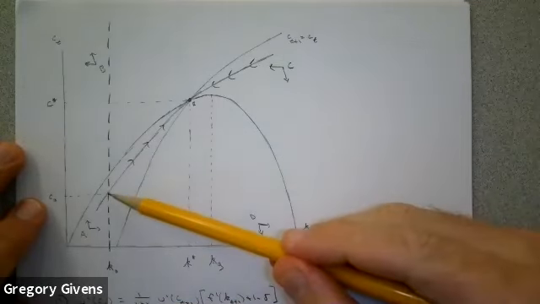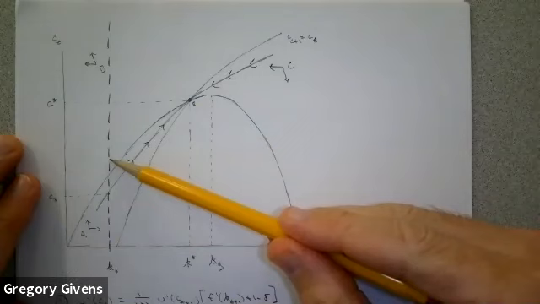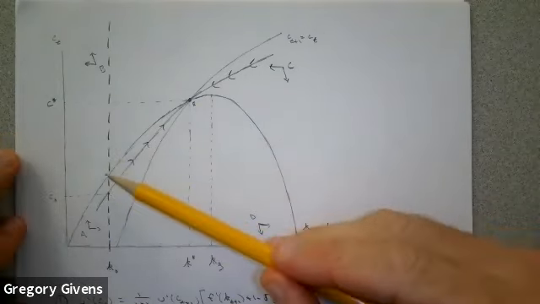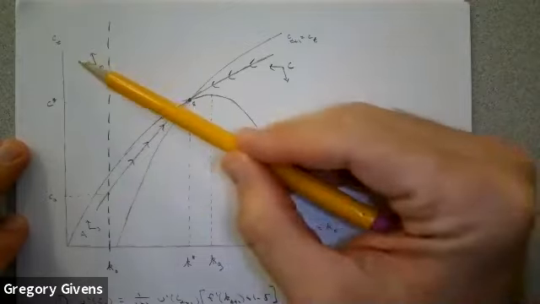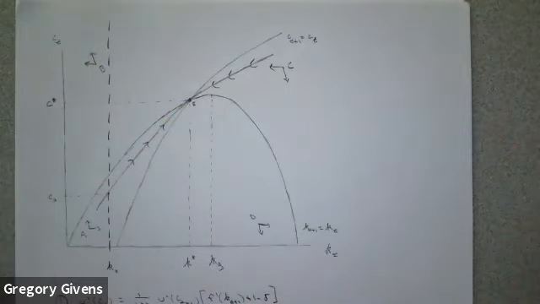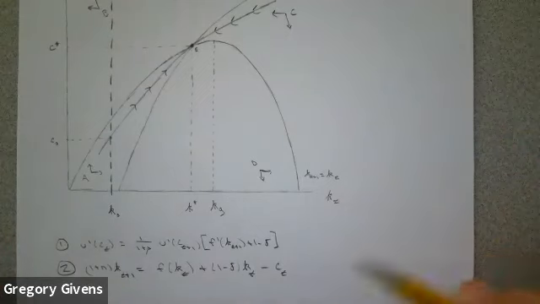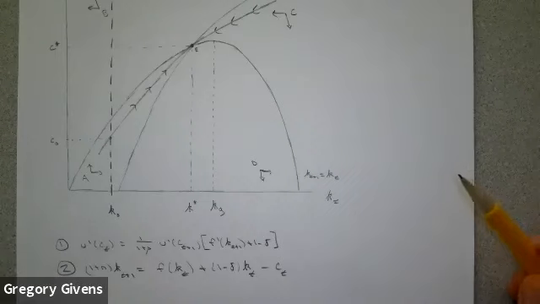If initial consumption is any larger or any smaller than C0, then you're eventually going to be led into region B or region D. And what we're going to try to establish today is that even though all of these infinite number of possible trajectories are consistent with equations 1 and 2, there is only one trajectory that is actually consistent with the 3rd key condition in the model, and that is the transversality condition.